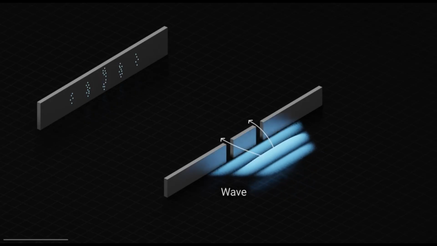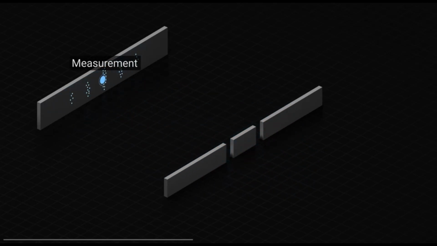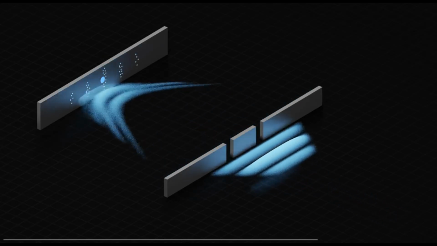This means that each individual photon somehow interferes with itself, as though it passes through both slits at once. A mind-bending property that defies classical reasoning, it is a direct experimental proof of wave-particle duality: the idea that all matter, light, electrons, even molecules can behave as both waves and particles.